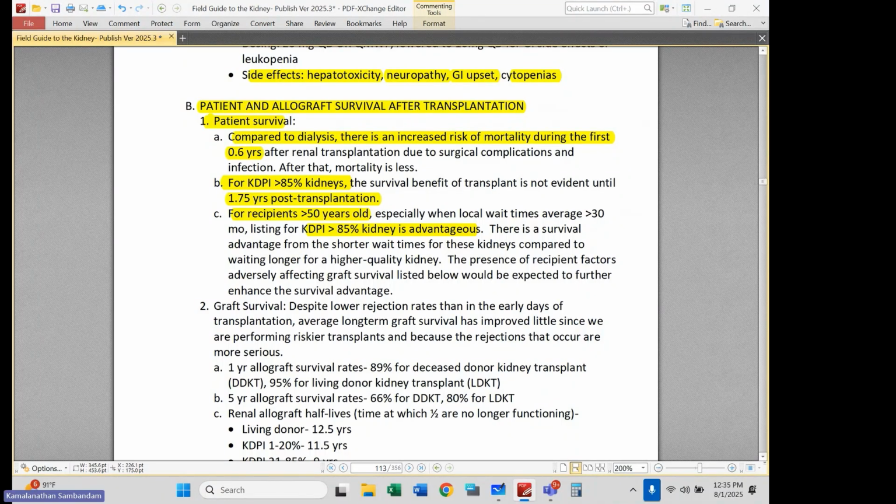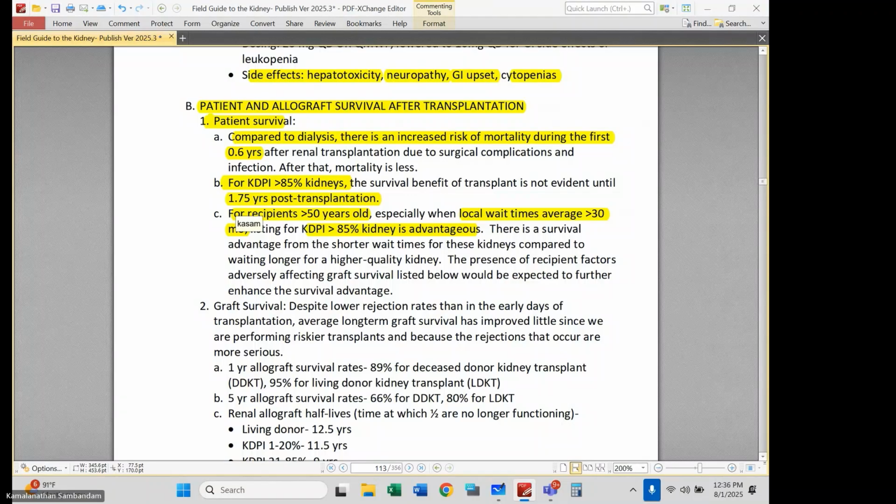Well, if you play it out and see what outcomes are evident in the data, the data shows that if you're an older patient and in your organ procurement organization, in your general, let's say, donor service area, your geography, the wait time for you is going to be around 30 months or greater.